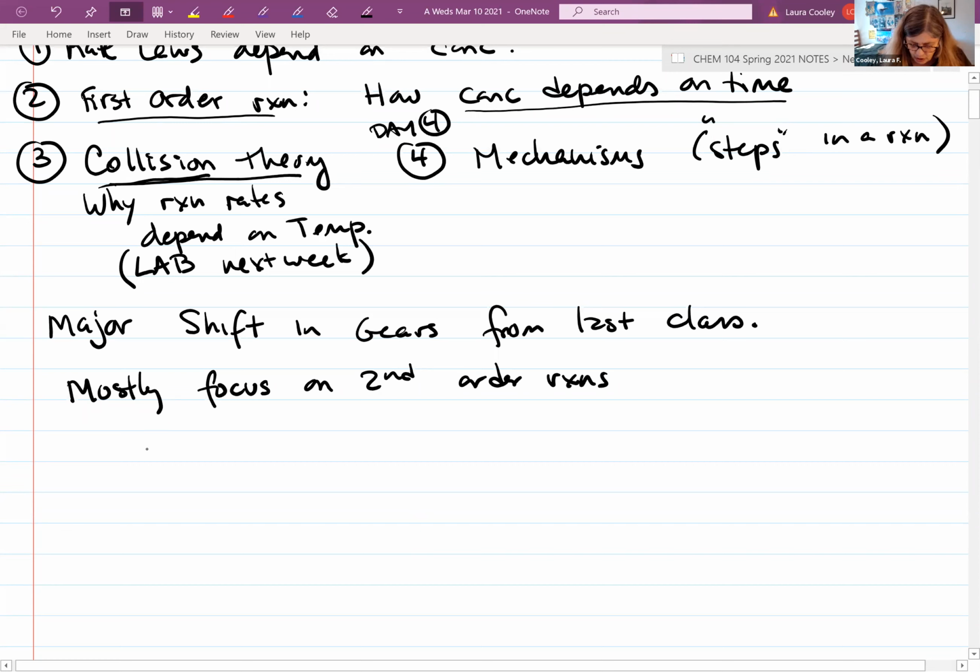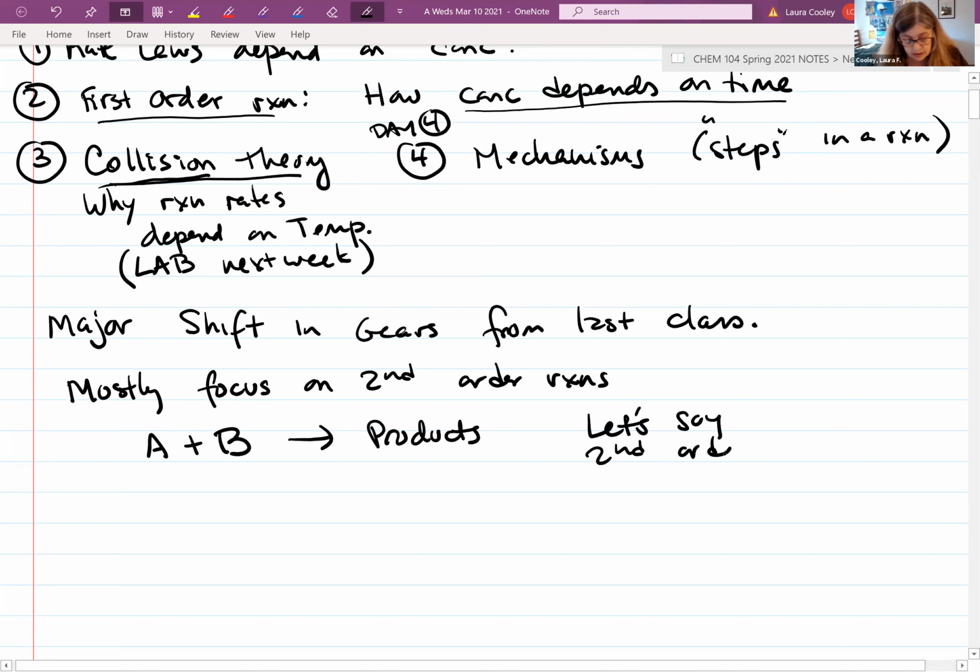So if we have a reaction that's second order, one possibility would be the reaction A and B going to products. Let's say it's second order and that the rate depends on both of these reactant concentrations, each to the power 1.